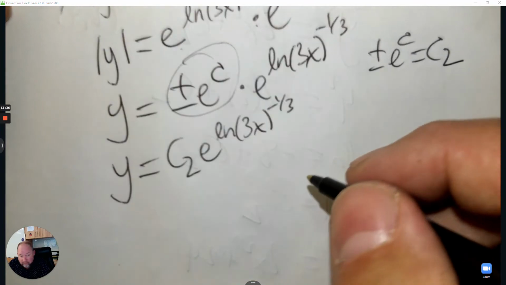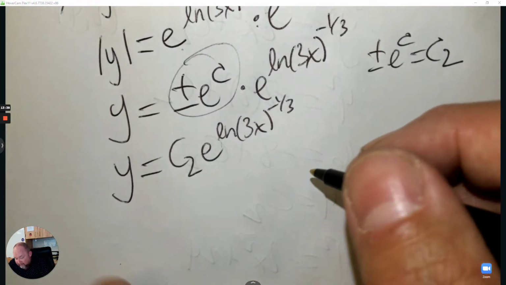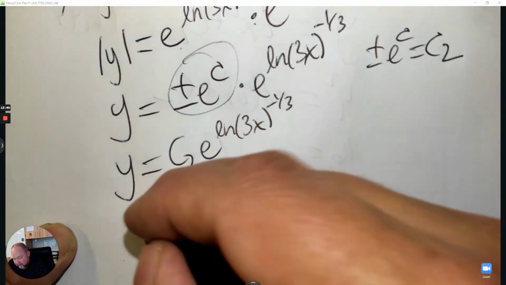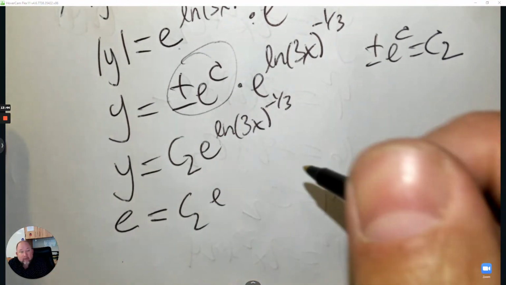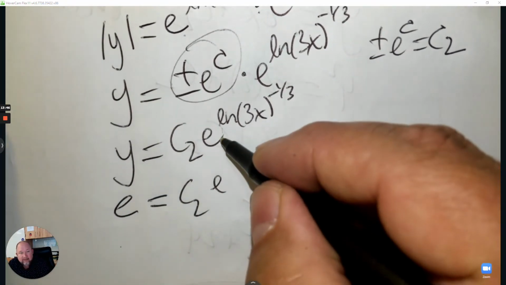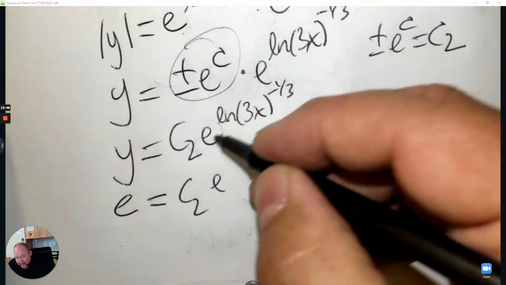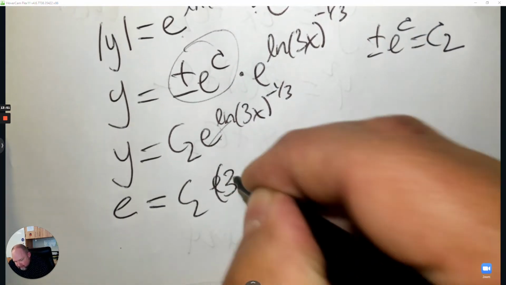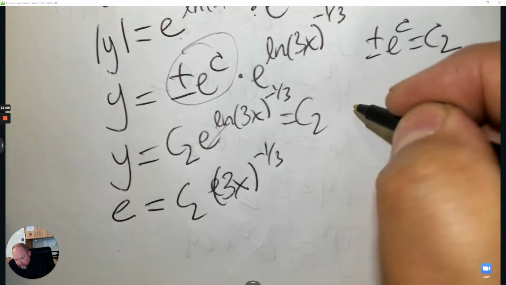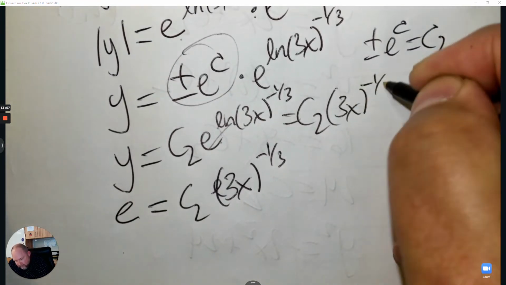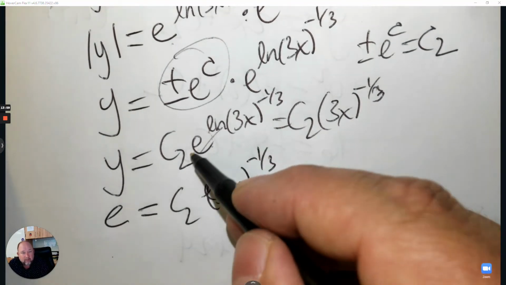And then I'm going to substitute the point that I'm given, which was 1, e. So that means the y value is e. What happens here again for e and ln? They cross out and you're just left with 3x to the negative 1/3. So there's a property where e and ln cross out.